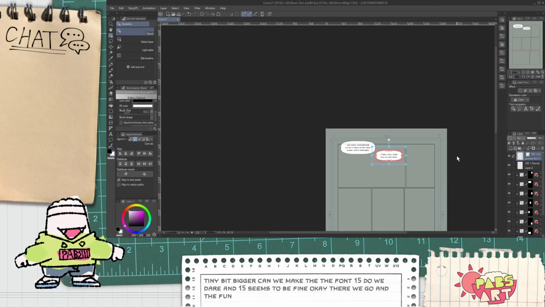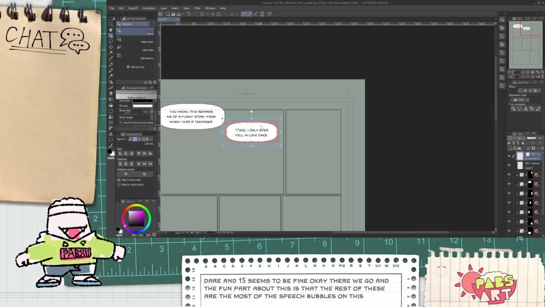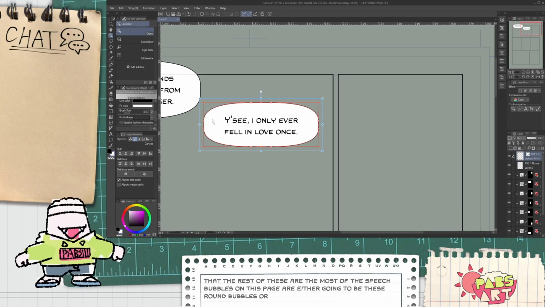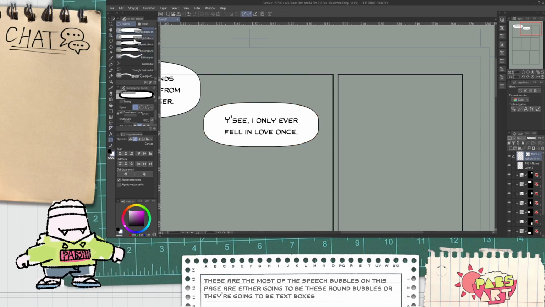And the fun part about this is that most of the speech bubbles on this page are either going to be these round bubbles or they're going to be text boxes, so a little bit more like this.